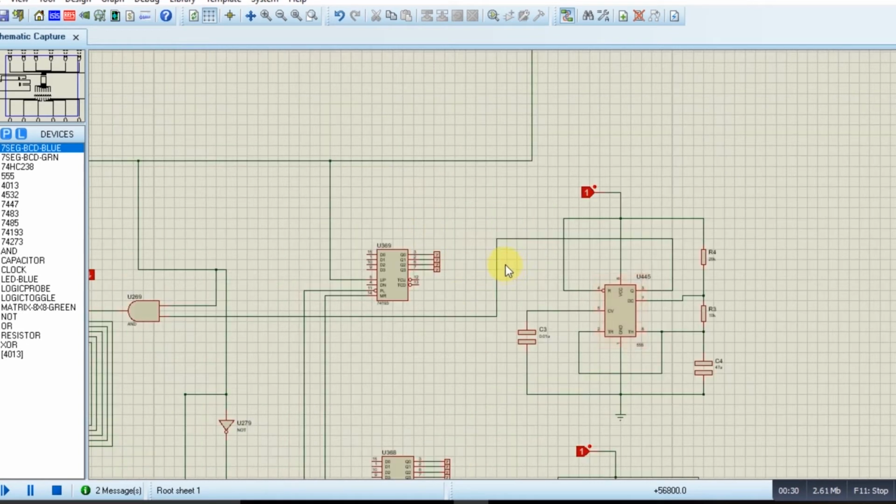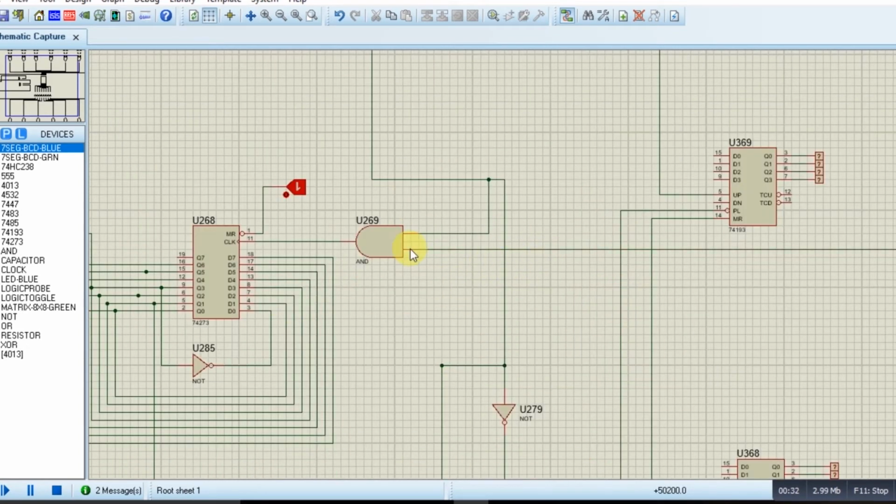As we can see, this clock is connected to the input of this AND gate, and the other input of this AND gate comes from this counter IC. This counter IC basically records the number of times the snake has eaten the food, that is, the length of the snake has increased.